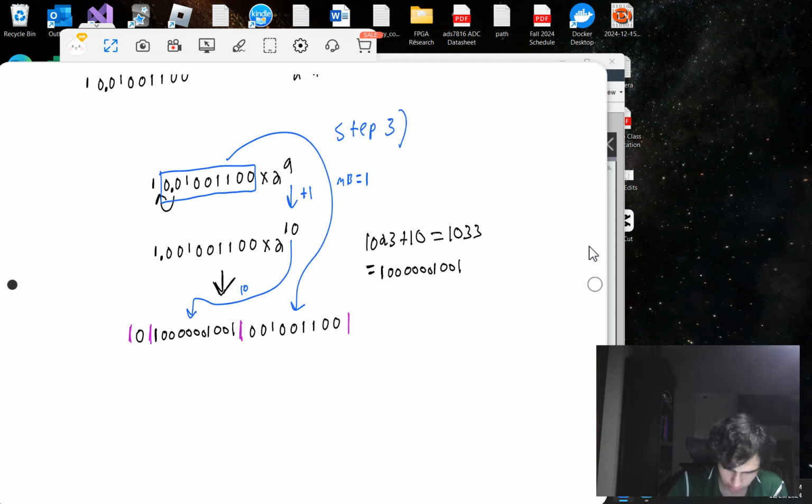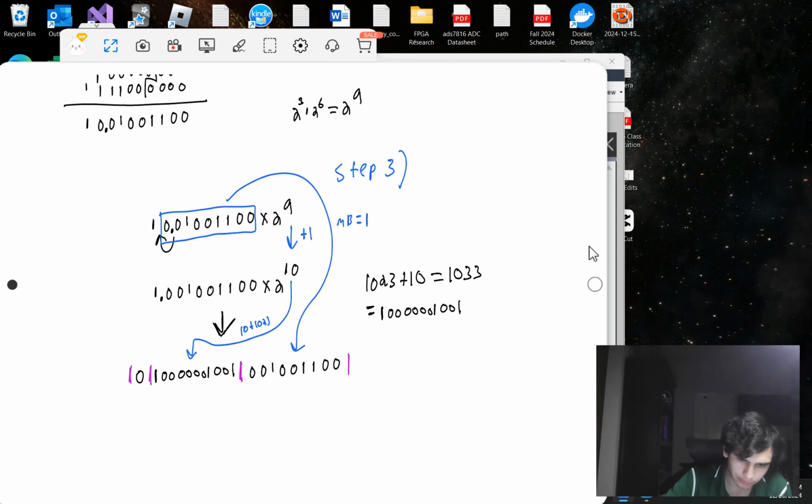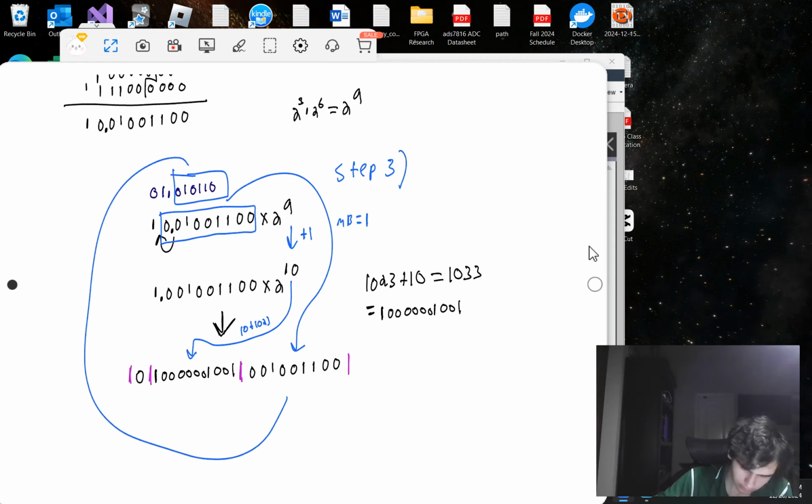So then 10. If it wasn't 1, 0, if it was like 0, 1, hold on. So hypothetically it was 0, 1 dot, and then that same thing. And then you would take from here and put that there.